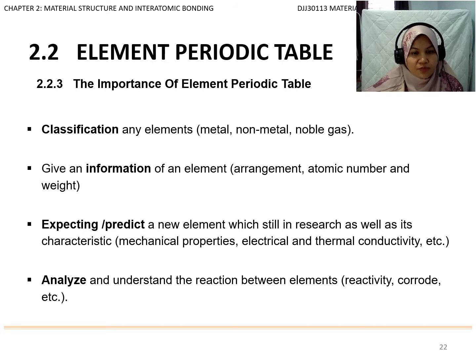And then you can expect or predict a new element which is still in research as well as its characteristic. Contohnya kamu boleh tahu elemen tersebut dia punya mechanical properties, electrical and thermal conductivity and etc lah. And then you can analyze and understand the reaction between elements.